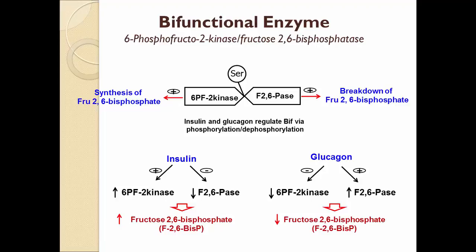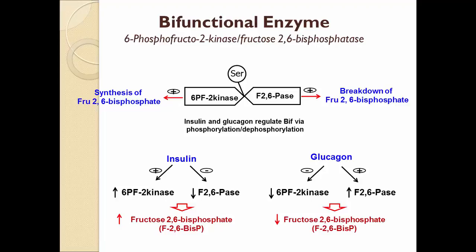Again, the enzyme kinase catalyzes synthesis of the substrate, and phosphatase catalyzes breakdown of the substrate. And insulin also does the opposite to these two bifunctional enzymes. So insulin basically stimulates kinase and inhibits phosphatase, right?